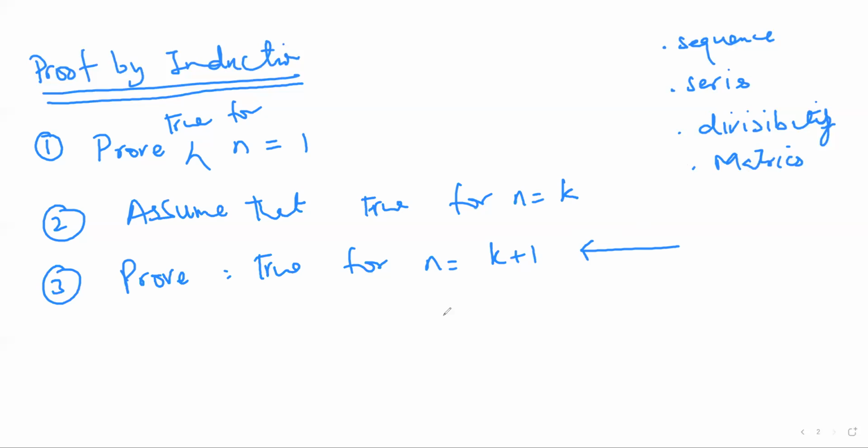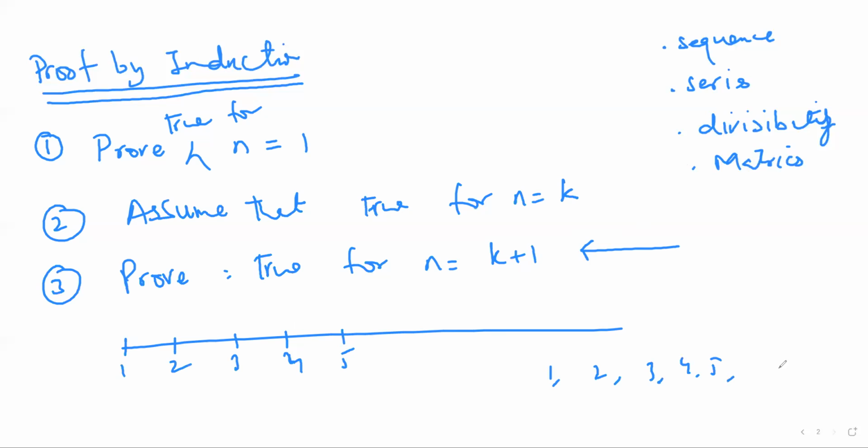Now, the story is this. Suppose I show you, this is 1, there is 2, there is 3, there is 4. I have just drawn a number line, with numbers 1, 2, 3, 4, 5, and so on. If you have proved that your statement is true for 1, and you assume that it is true for n equal to k, and then you show that it is true for n equal to k plus 1, then it means that if it is true for n equal to 1, your statement will be true for 2 as well.